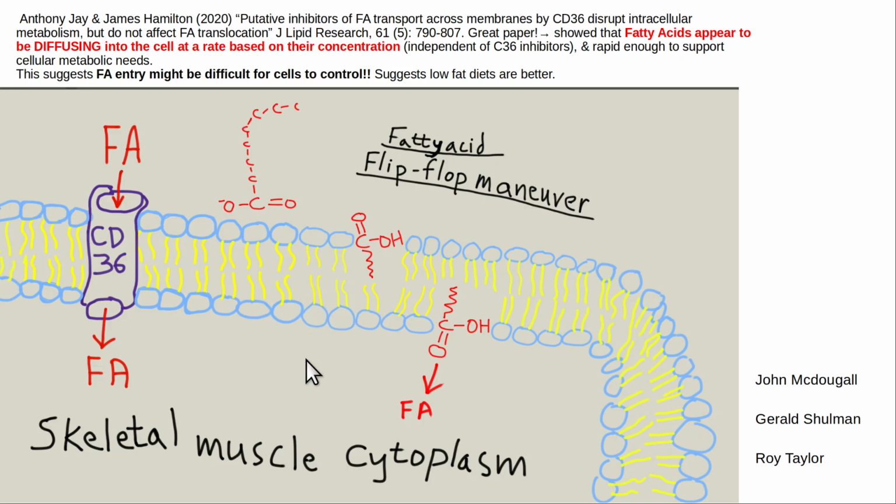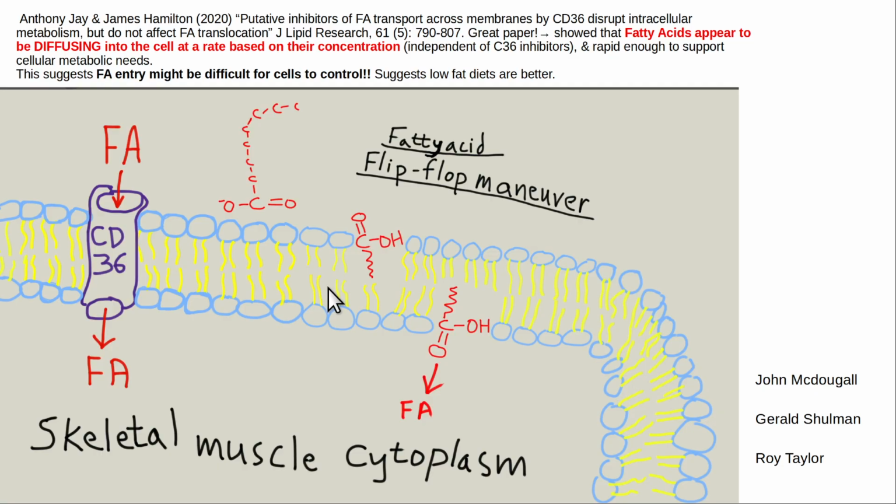And so this is why fat gets into the skeletal muscle faster than glucose does postprandial, because it can just flip-flop across this membrane. Glucose is slower. It's dependent on the whole process of insulin being made, insulin binding to the insulin receptor, insulin interacting with the cytoplasm to cause the GLUT4 glucose transporters to travel up from the cytoplasm to the plasma membrane.